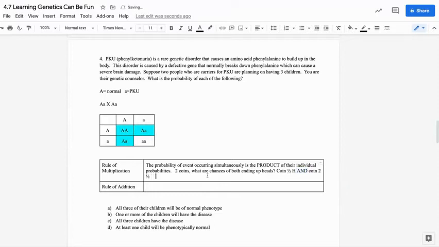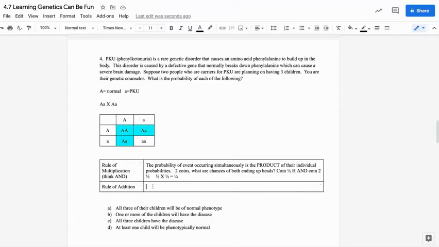So very simply, we take 1/2 times 1/2 equals 1/4. So you've got a 1/4 chance that if you flip 2 coins, they both end up being heads. So whenever you want to use the rule of multiplication, I need you to think "and": this and this happening. What are the chances of this and this happening? So that is the rule of multiplication.